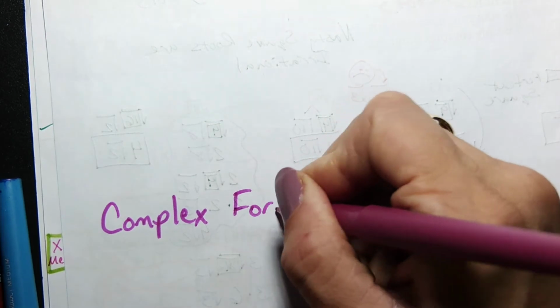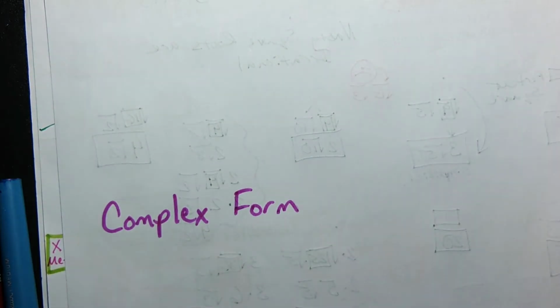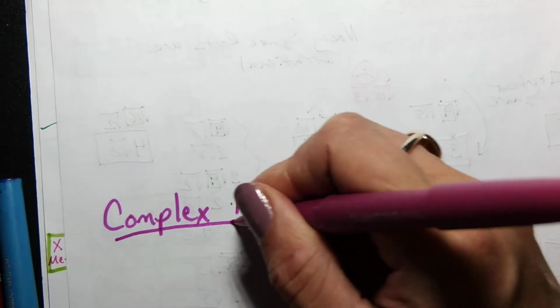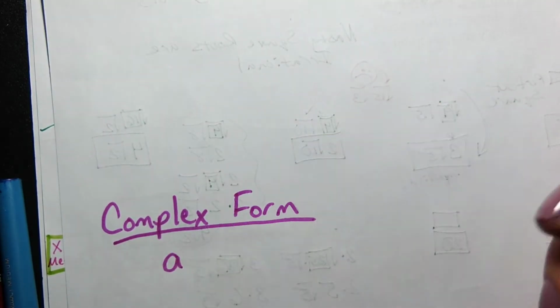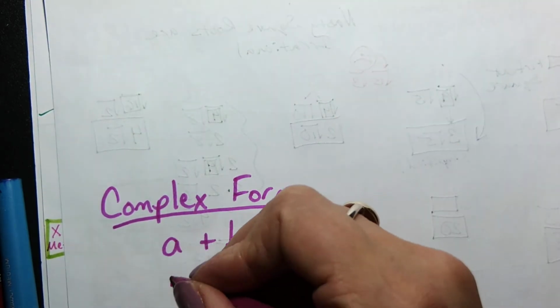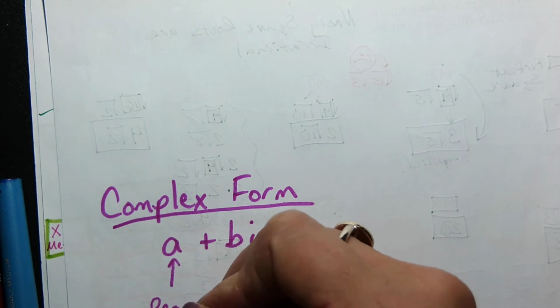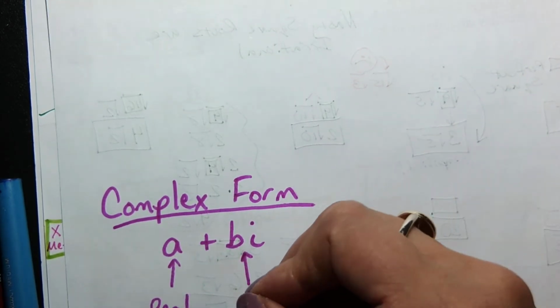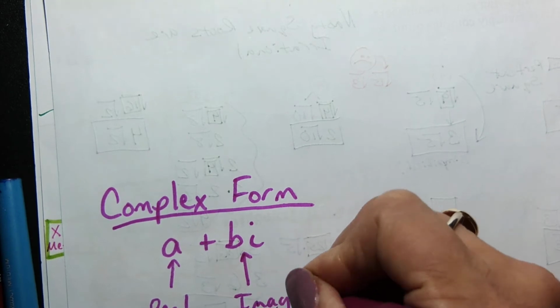Just like we talked about how it's proper to say 3x versus x3, complex form is a specific way that we need to write imaginary numbers and their real parts. So complex form looks like a plus bi, where a represents the real part and bi, where we have that imaginary unit, represents the imaginary part.